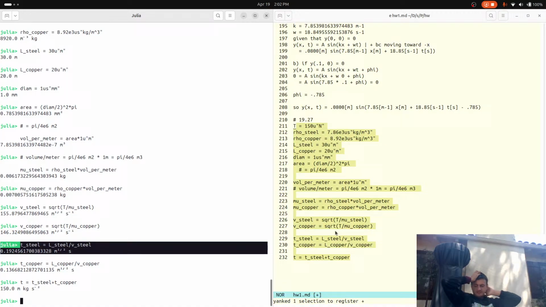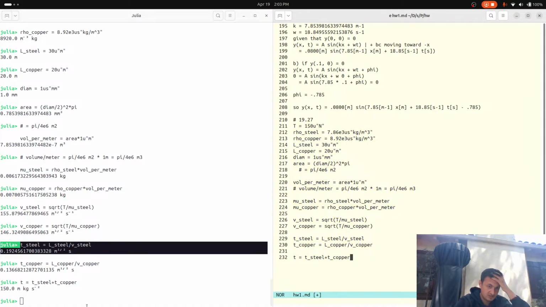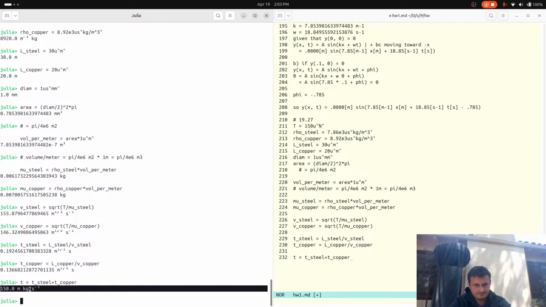Wait, what did I just find? We found the wave speed of steel and the wave speed of copper. And we wanted to find the time. V times T is equal to 30 meters, so then T should be 30 over V. But I got this.